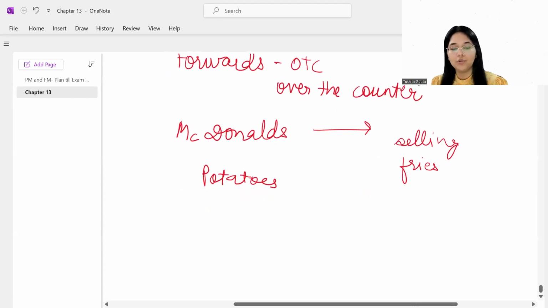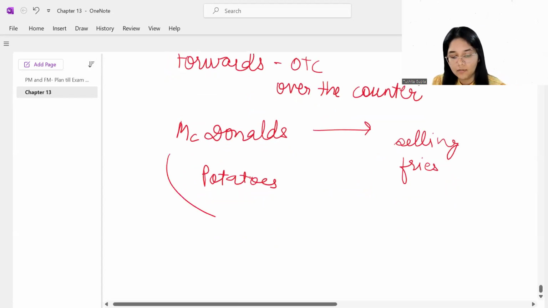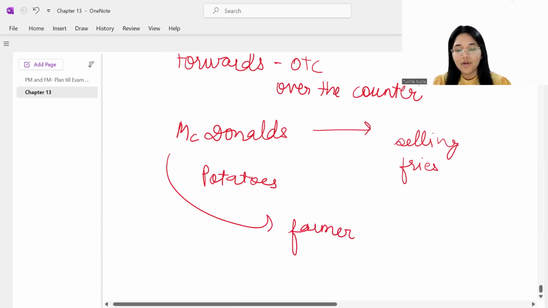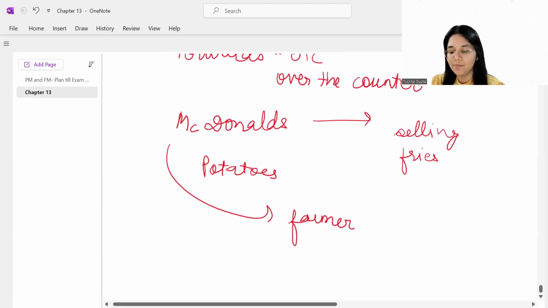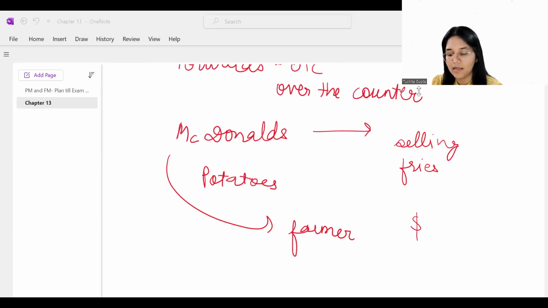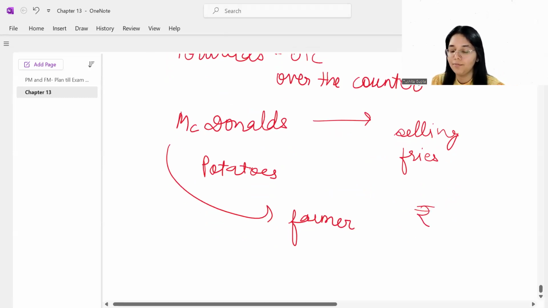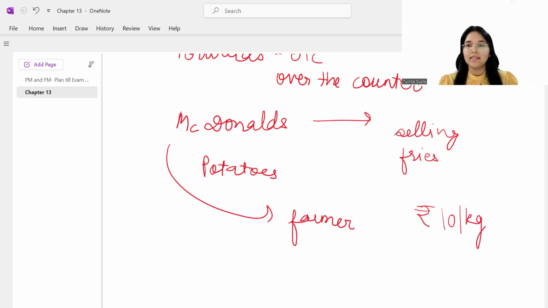So you go to a farmer. Presently in the market, let's suppose, we're talking about India, the price for potatoes is maybe 10 rupees per kg today.